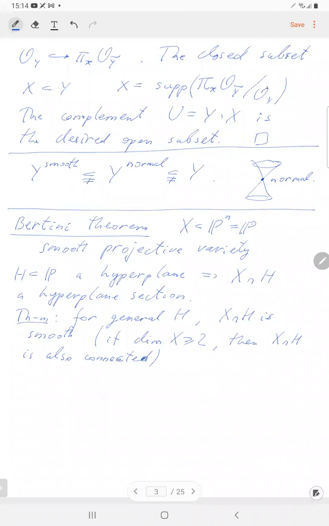Well, I'm not sure if I can draw it, but maybe if you imagine your X just a circle, then you see that the typical intersection consists of just 2 points. It's disconnected because X is one-dimensional, but at least smooth. But there are intersections like this, and here you have a tangent point, so it will have multiplicity 2.